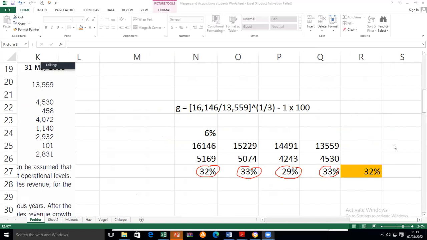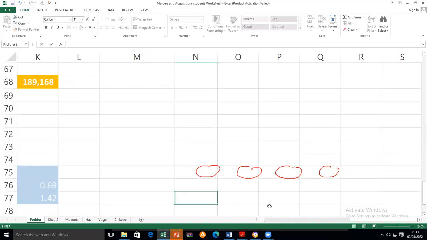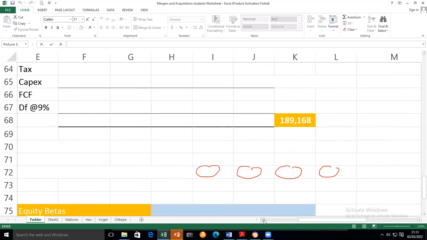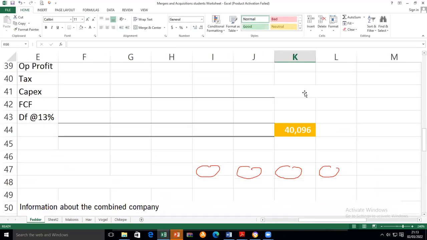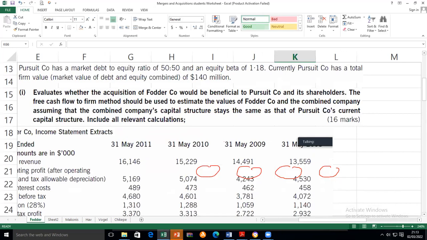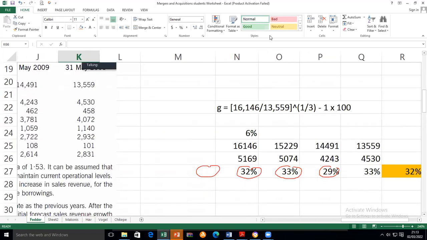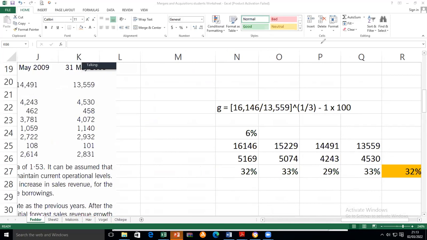Another possibility, if you don't want to do that, you can take a different approach. What is the approach that you can take? You can just add up these figures.